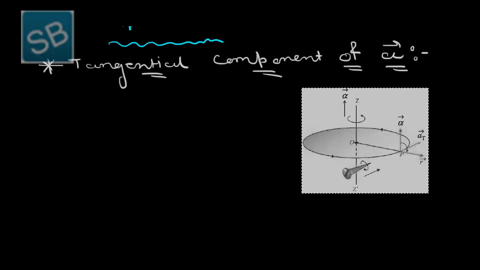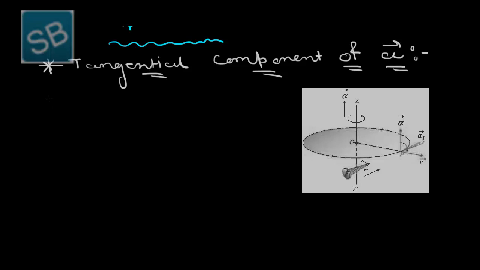So the third component, that is the tangential component, is the component which is along the tangent to the circle, and you can easily observe that this alpha cross r is along this direction.